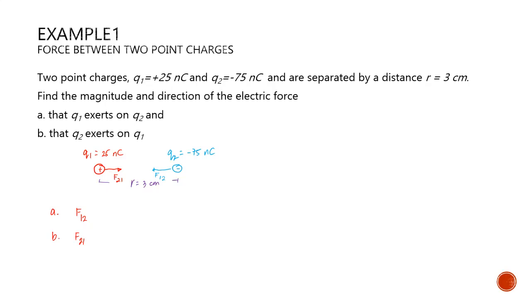So that's why we need the absolute values of the charges. We disregard the negative sign of Q2 later when we do the computations. It's because of the direction of these forces, so that it will not be confused with the charge of the particle.